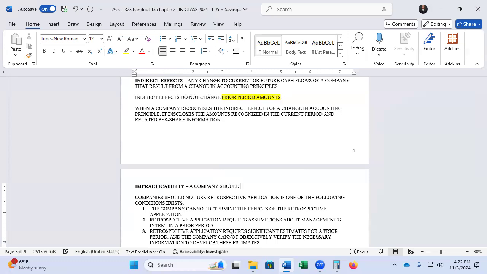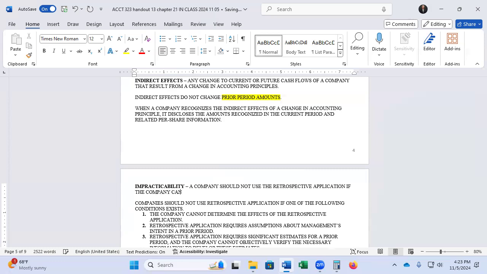A company should not use the retrospective application if the company cannot determine the prior period effects.